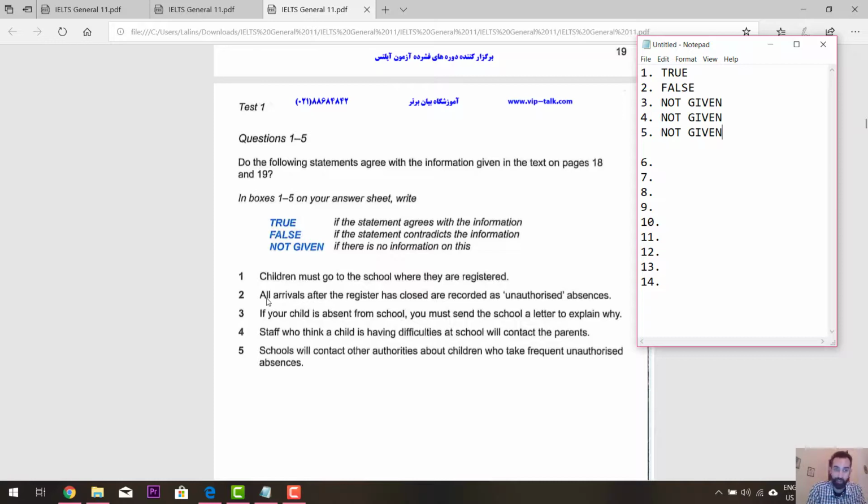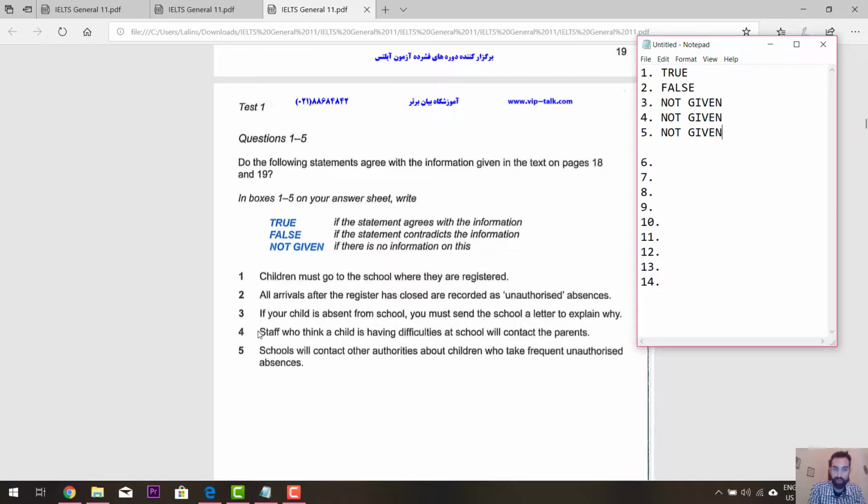Since the statement says all, and the text says some are okay depending on the reason, this is obviously false because it contradicts the text. It's a contradictory statement. The information is about the right topic, but it's not accurate. So that means it's false.